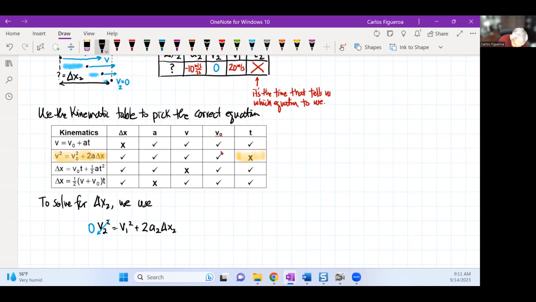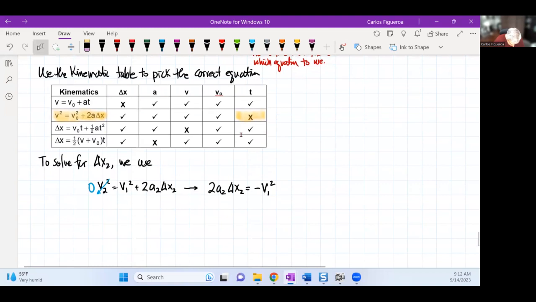So now I can mathematically solve for delta x2. I'm going to take v1 squared to the other side. So if I take this to the other side, I'm then going to have 2a2 delta x2 equals minus v1 squared.